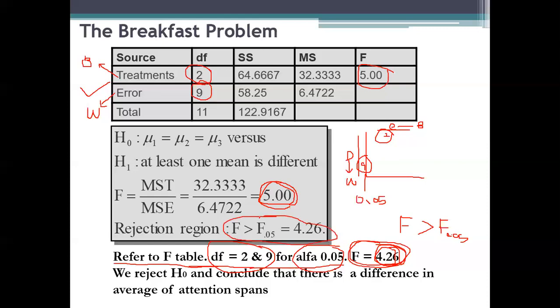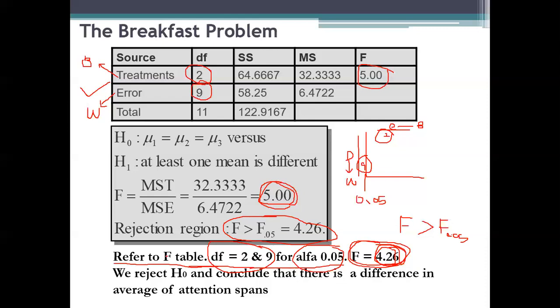So if the F value 5 is greater than F alpha, we can reject the null hypothesis, because in this ANOVA test, we reject our null hypothesis if our F statistic value is greater than the value in F alpha, or the F table.